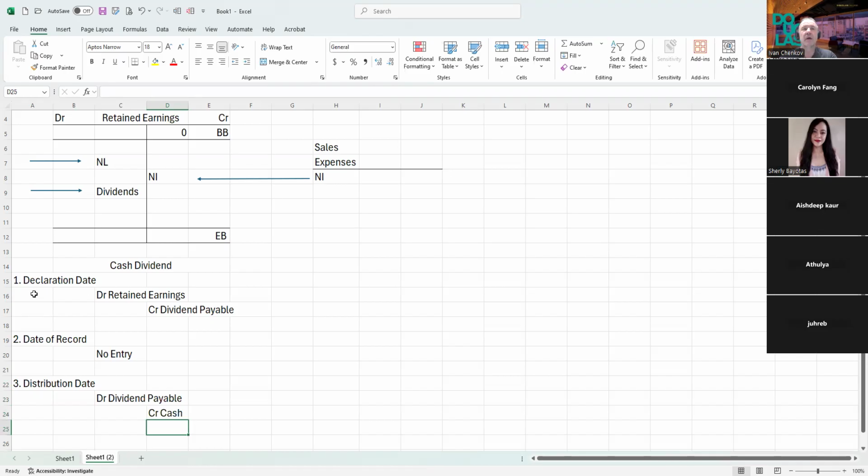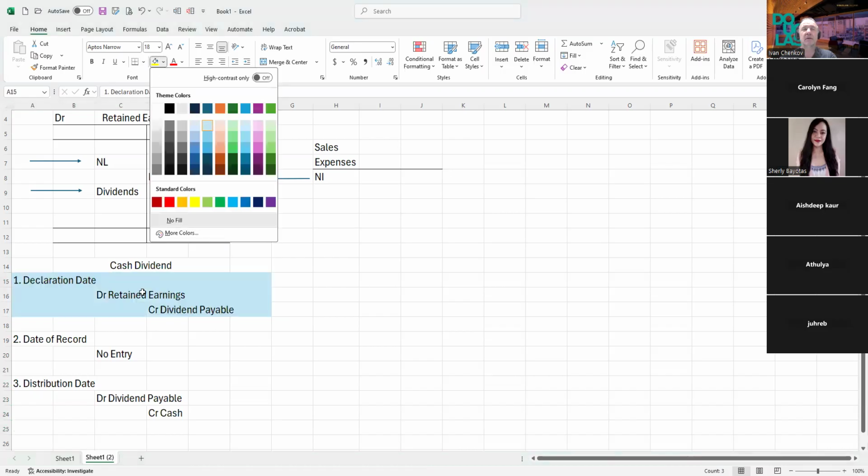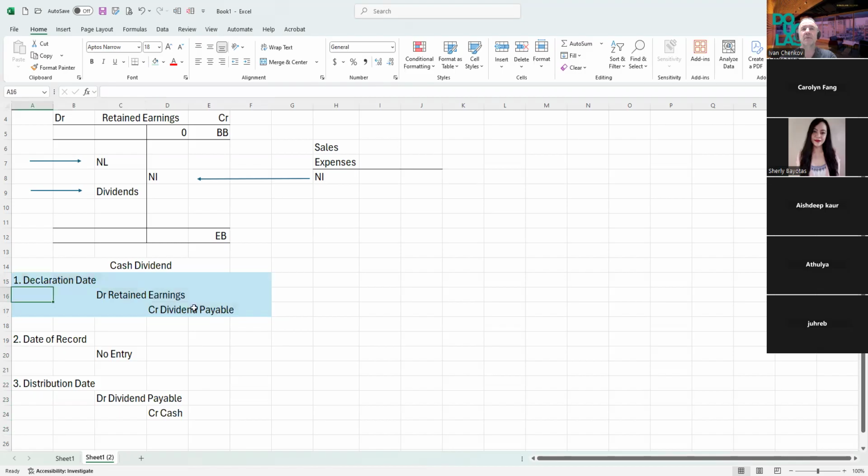We record the liability on the declaration date. That's now clear for us. That's why we're recording the payable. Once we record that payable, it becomes a contractual agreement. So basically, it's unavoidable.